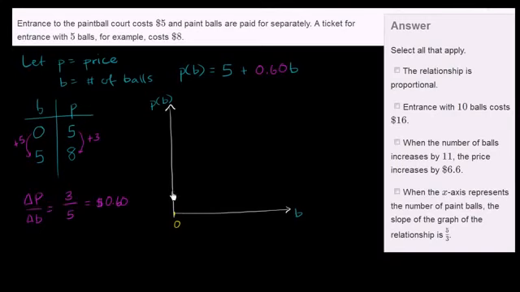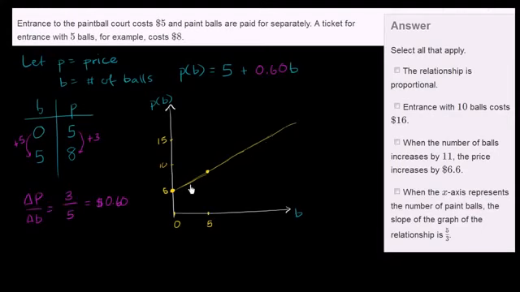Let's say this is 5, this is 10, this is 15. So when we have 0 balls, we're going to pay 5. And then when we have 5 balls, let's say that this is 5 right over here, we paid $8, which gets us right around here. And 2 points define a line. So this function is a linear function, and it would look something like this.